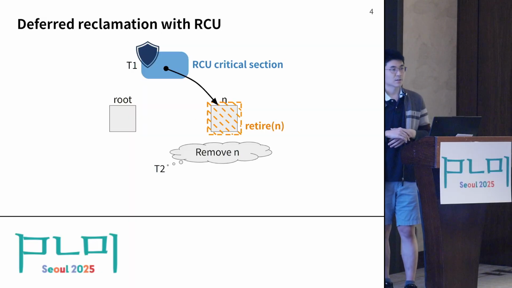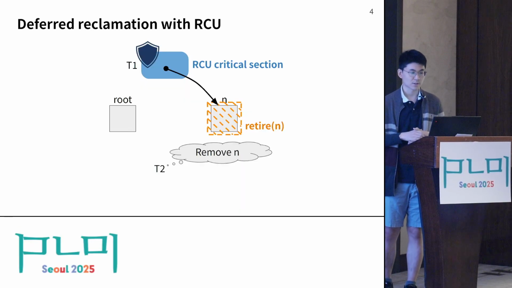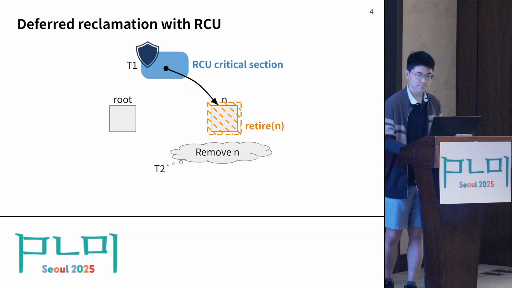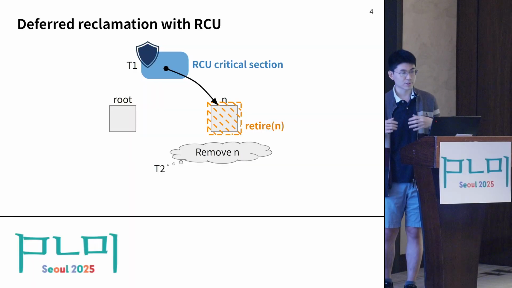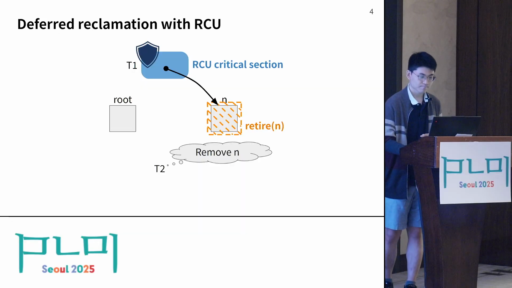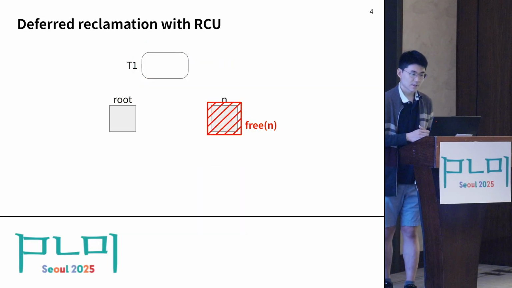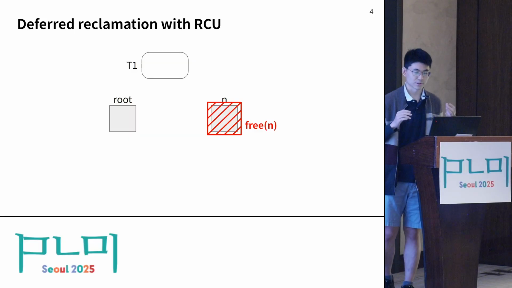And on the other side, after we detach a node, we should call the retire function instead of directly freeing it. This function tells the RCU system to reclaim the node later when it's safe. The actual reclamation will happen only after the critical sections are deactivated.